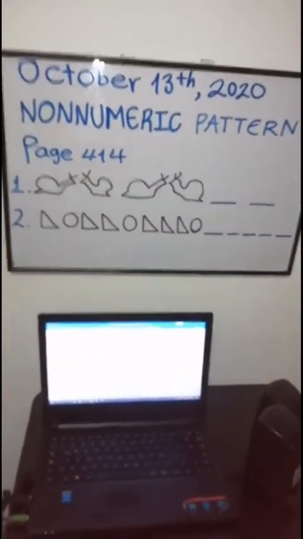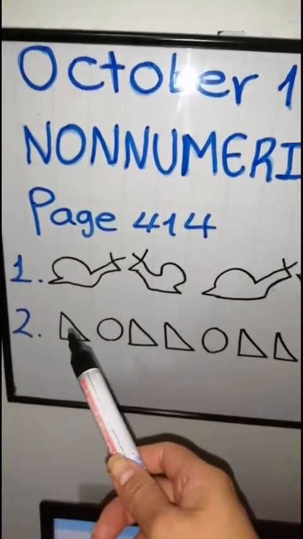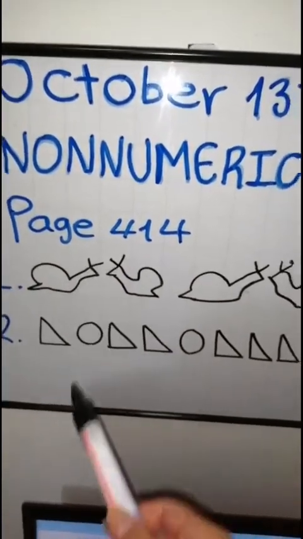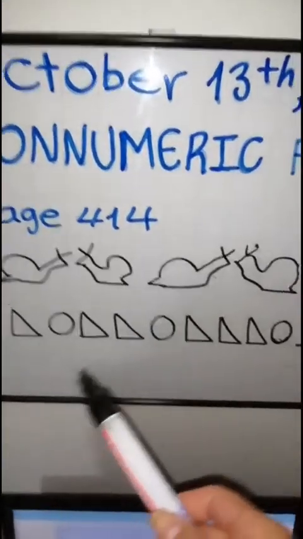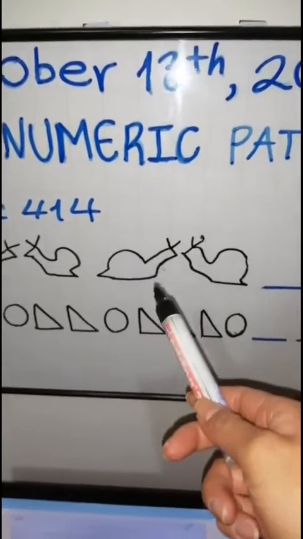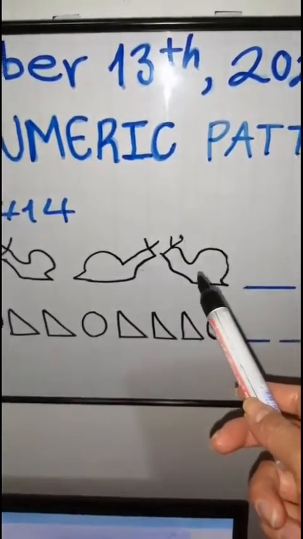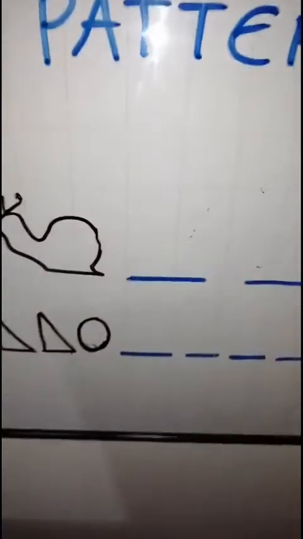Exercise 1. We have a snail looking at the right and a snail looking at the left. Now, a snail looking at the right and a snail looking at the left. So we are going to copy the pattern.